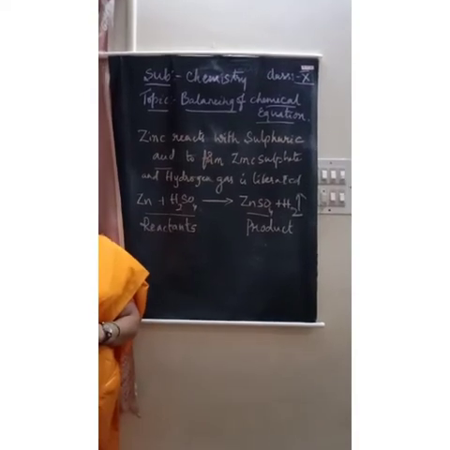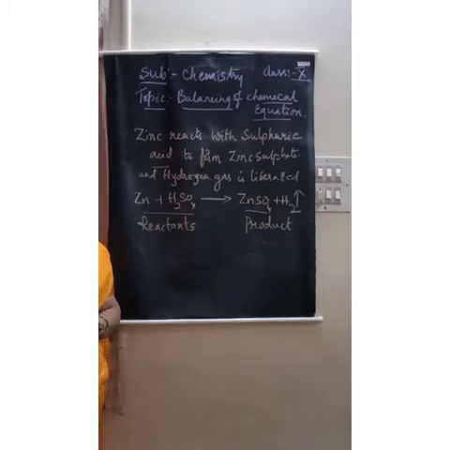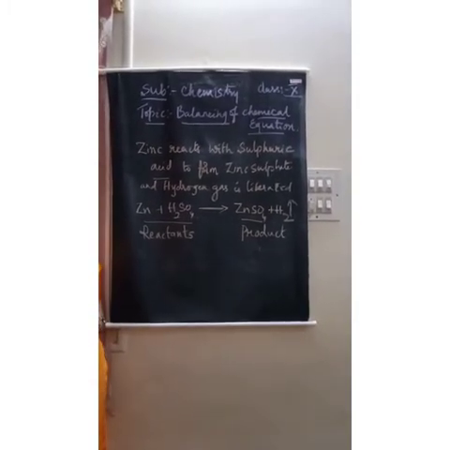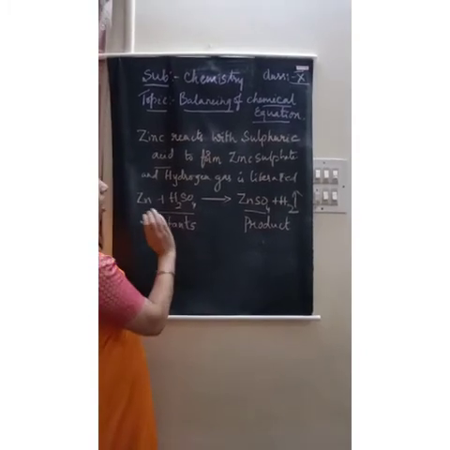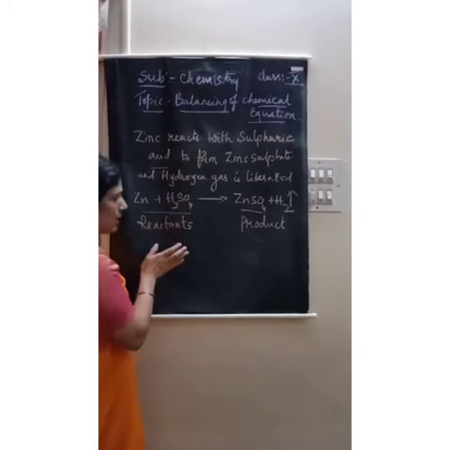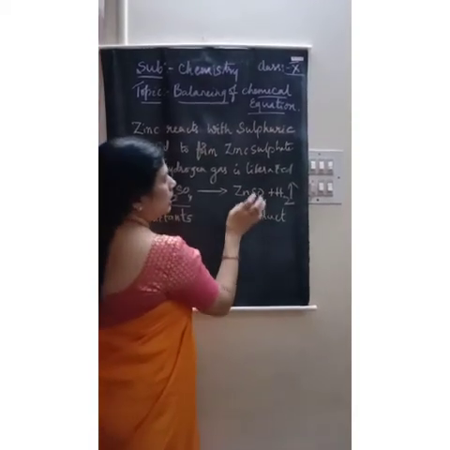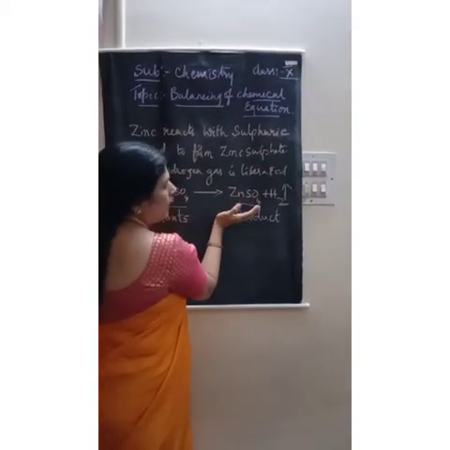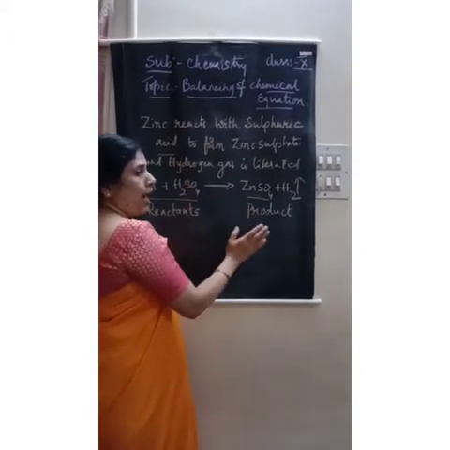Why do we have to balance it? Balancing a chemical equation means the total number of atoms of each element on the reactant side must be equal to the total number of atoms of the elements present on the product side.